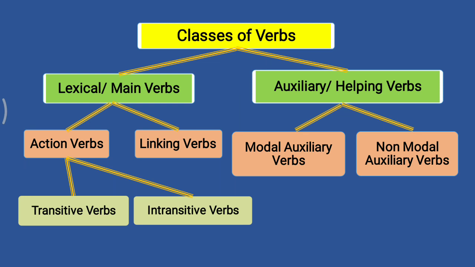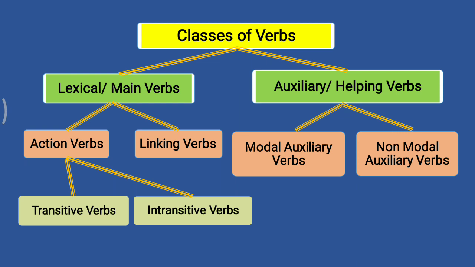Again, lexical verbs can be divided into action verbs and linking verbs. And again, action verbs can be classified as transitive verbs and intransitive verbs. On the other hand, auxiliary or helping verbs can be classified as modal auxiliary verbs and non-modal auxiliary verbs.